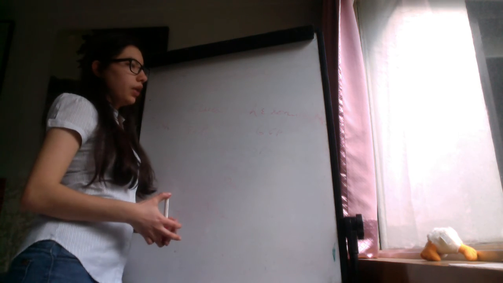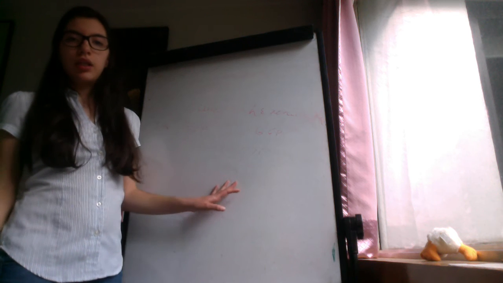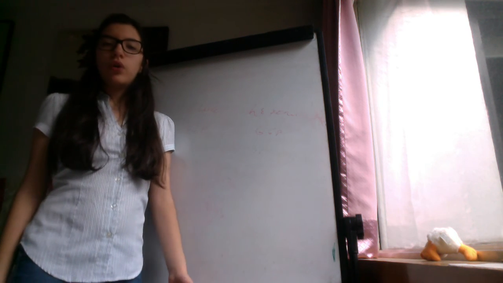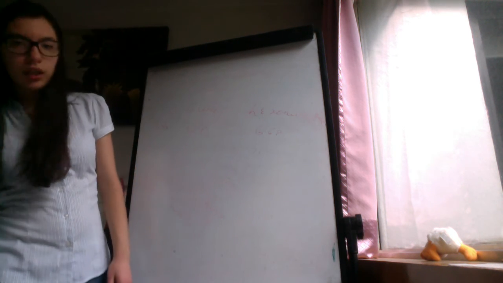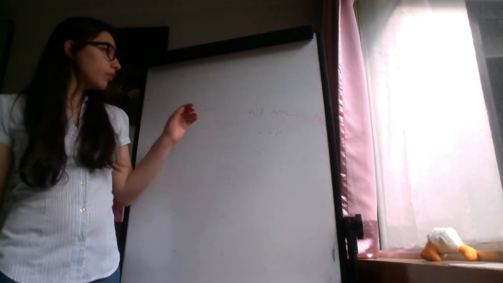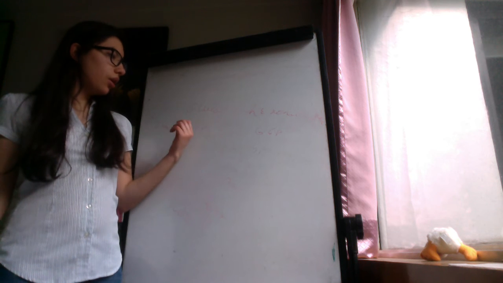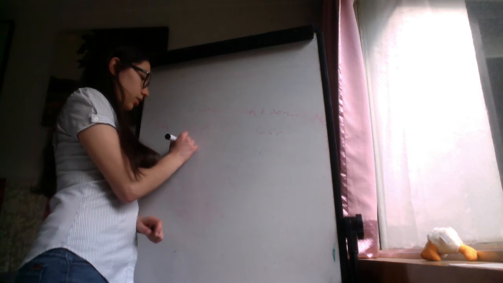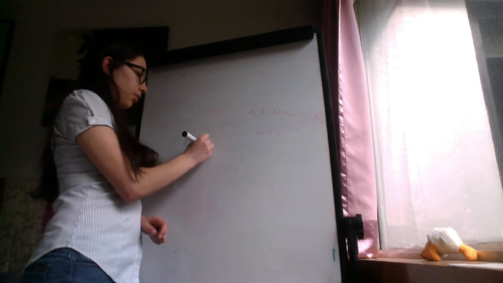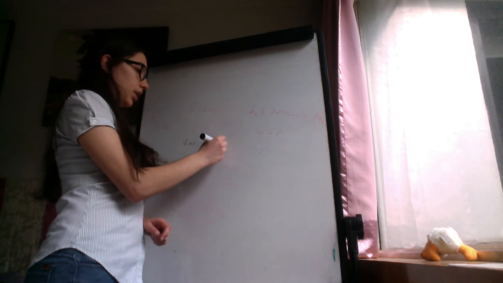Now the affinity, remember that affinity is inversely related to Km. Glucokinase has low affinity for glucose, and so the Km is increased.